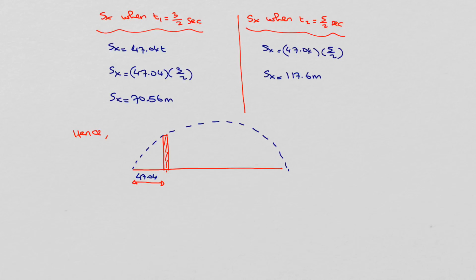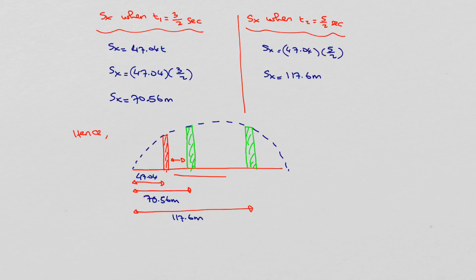I have my second wall, and that could be on the way up or it could be on the way down. And therefore, from there to there is 70.56 meters, or to this position is 117.6 meters. So therefore the distance between these two walls is going to be the difference between those.